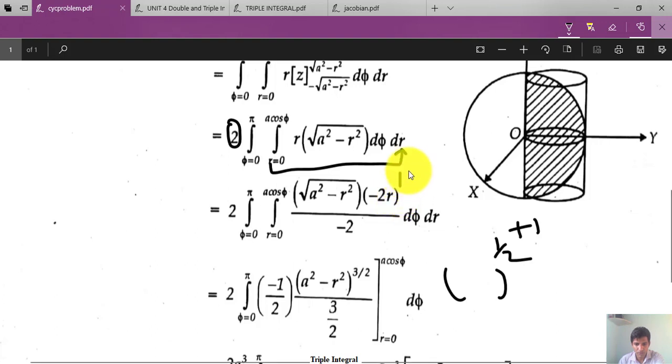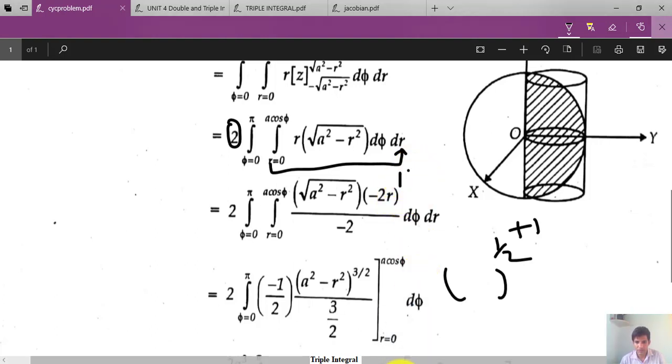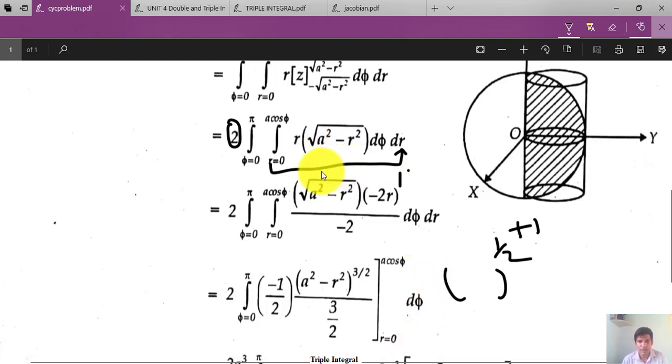Okay, here see, this evaluation is done with a square root. There is a formula for this, I know. Should I write it here?